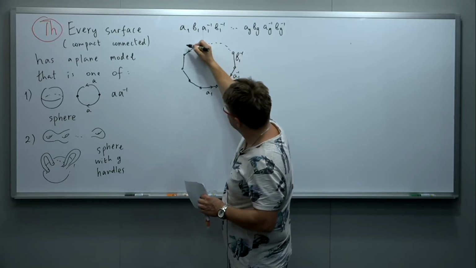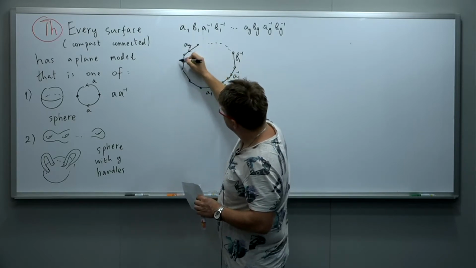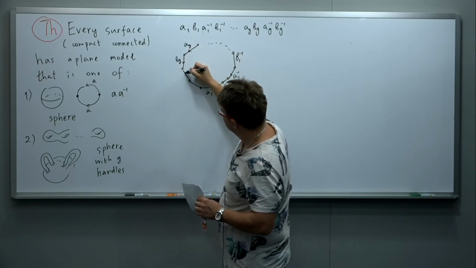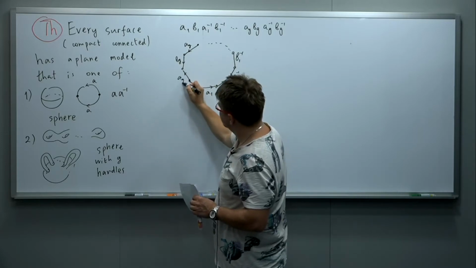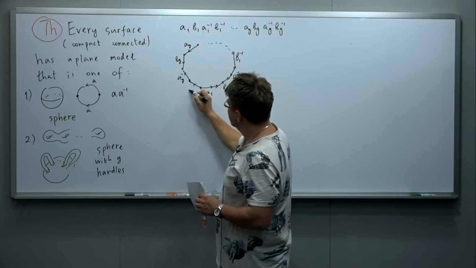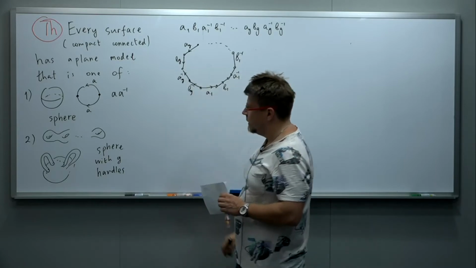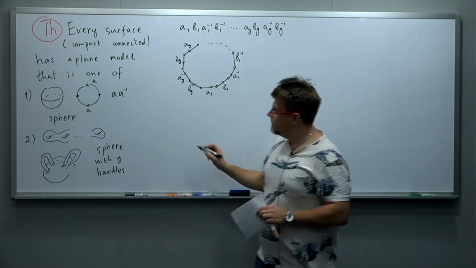So in the end, we are going to have AG, BG, AG inverse, BG inverse. So that's the second possibility.